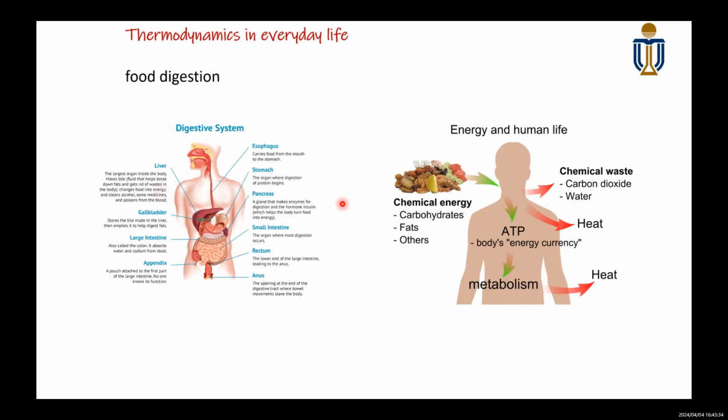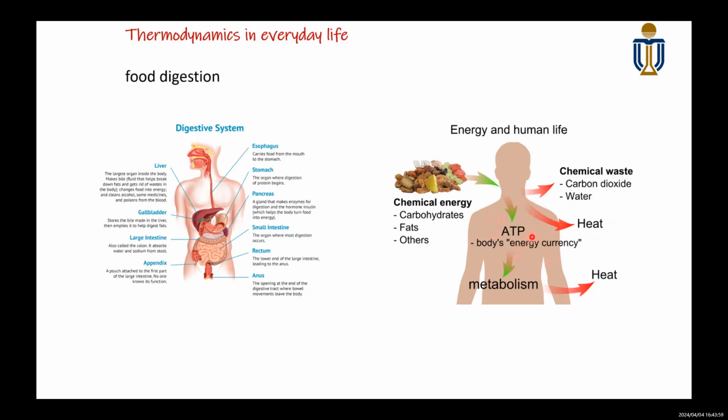In our body, there exists a very complicated digestive system. When we take food, the chemical energy stored in the food is transformed to heat, which can keep the balance of our human body, and it can also be transformed to ATP.